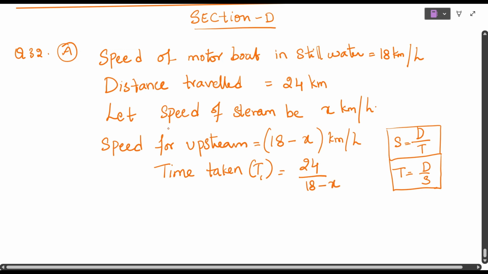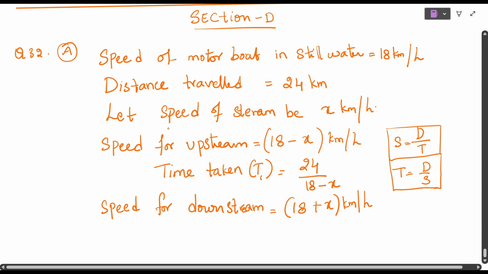Now let us calculate speed for downstream, students. Listen carefully and try to understand. Very easy, don't learn by heart. Downstream gives speed of motorboat plus speed of stream, kilometers per hour.